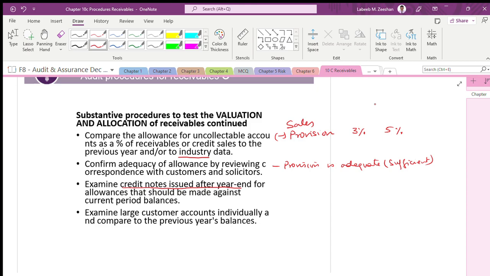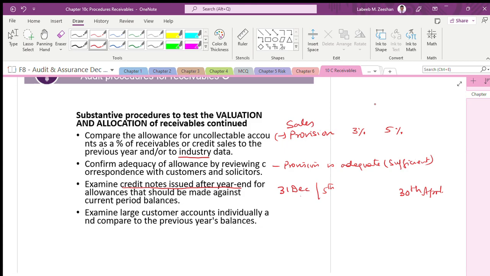Because we are working for December 31st. Is it right? Till 30th April, the things will work. If we have issued it on 5th of January, we have to treat it as related to December.